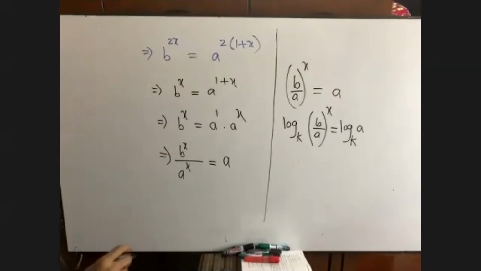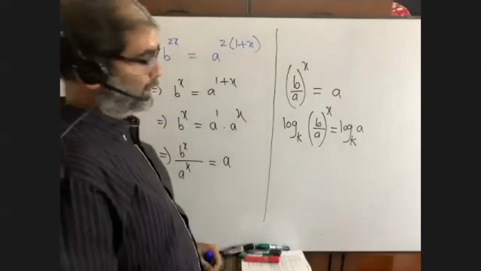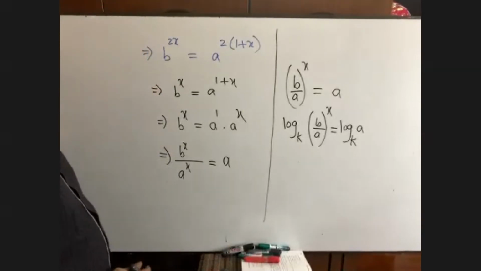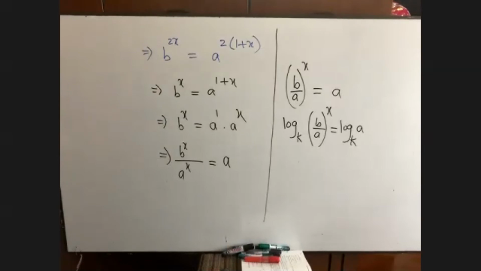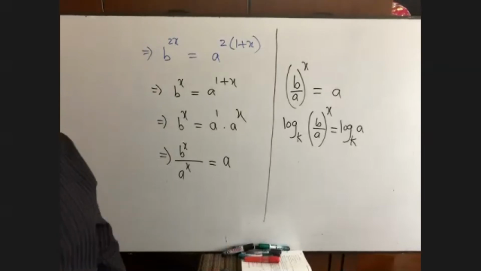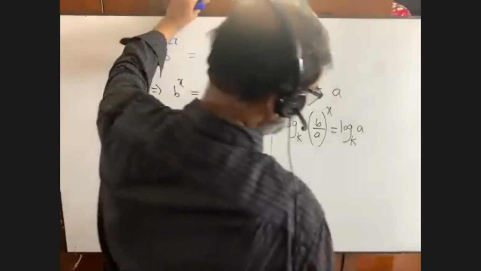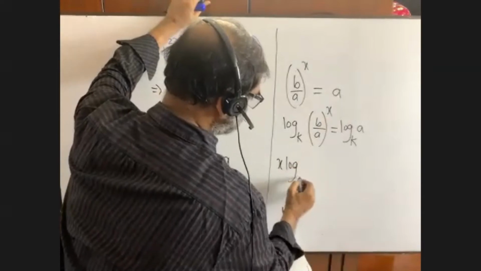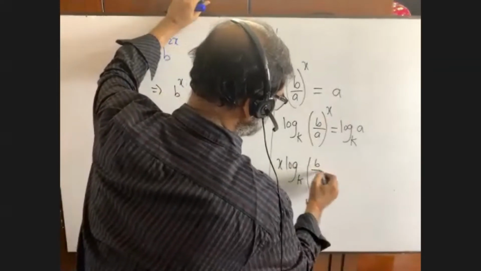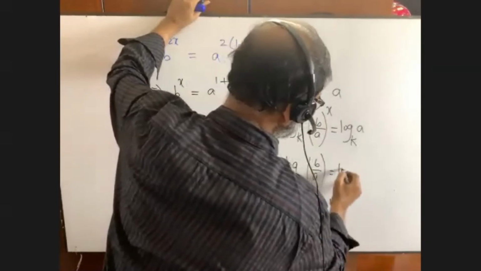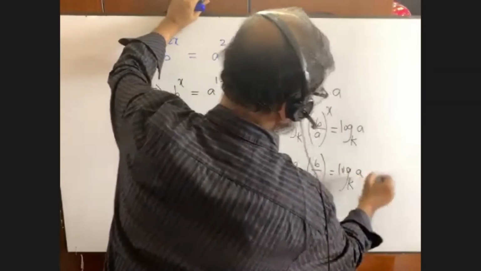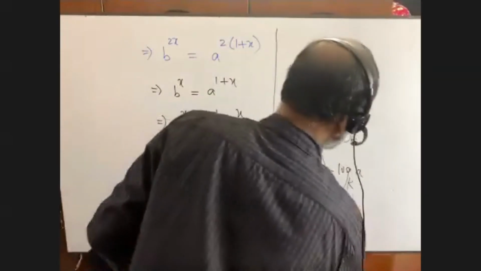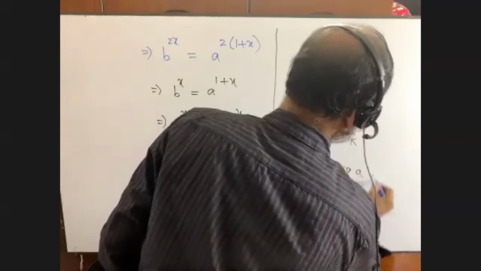Don't write down that I have multiplied both the sides by log k. No, it cannot be multiplied. Taking log k to both the sides. Now, as per the requirement of the proof, this power x will be now considered as coefficient. Now it is proved. So we are done. Write down proved. Important math to be given in the exam always.